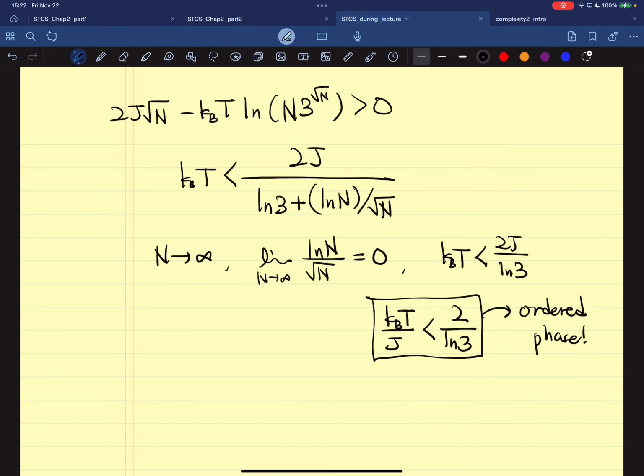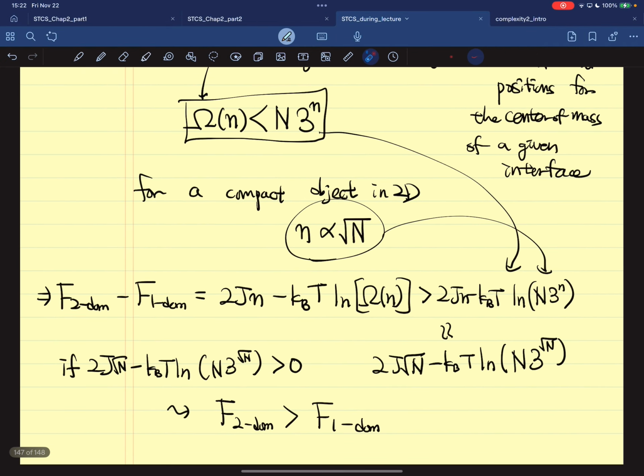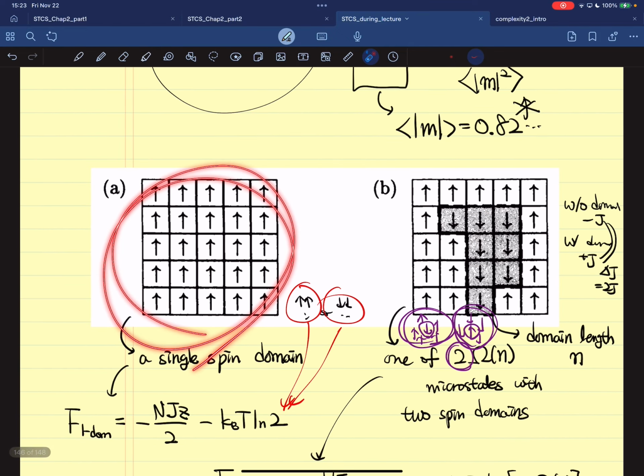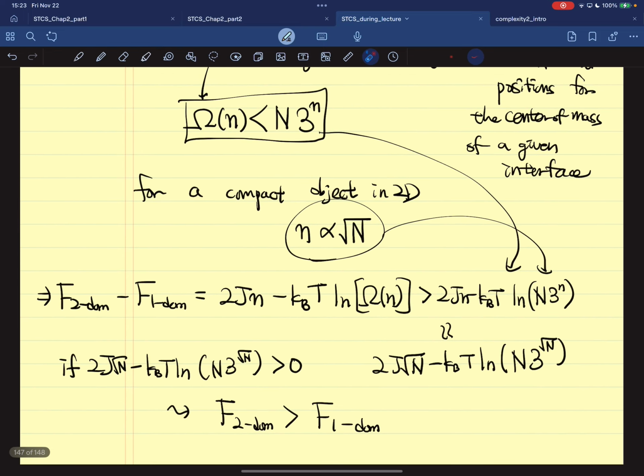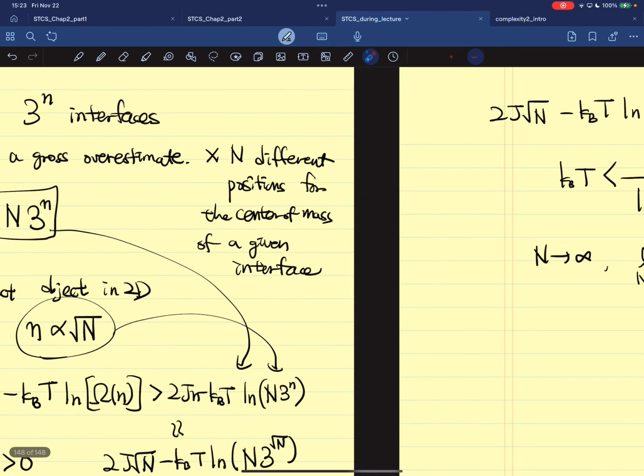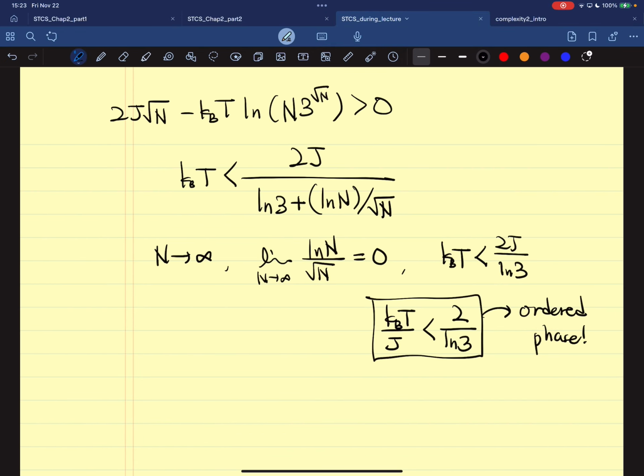Why is it the ordered phase? Because this condition automatically satisfies that the one domain, the completely ordered phase, the left one, has a smaller free energy than the right one. So this condition will make the system ordered. Ordered here means that F1 domain is smaller than F2 domain.